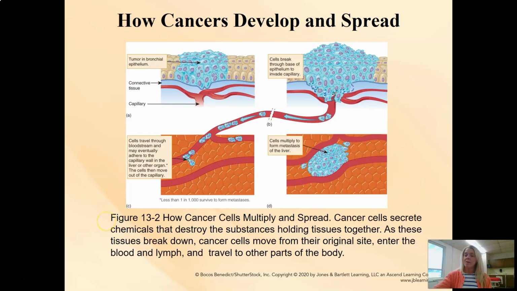So here's a diagram of how cancers develop and spread. Cancer cells don't bind as tightly together as normal cells do, so it's a little bit easier for them to break off and then get into the bloodstream or the lymph system and travel to different parts of the body. It only takes one cancer cell to start another tumor.